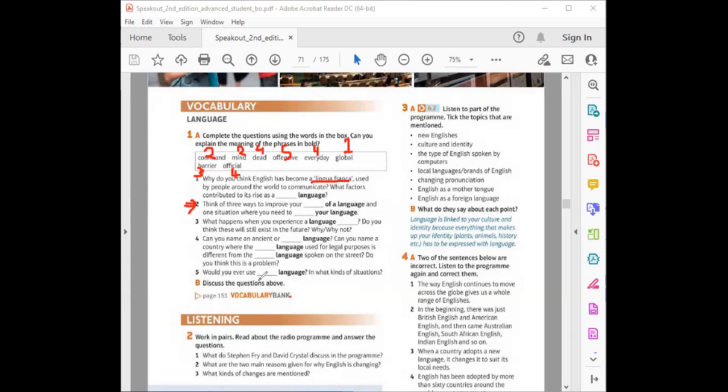The last question here. Would you ever use offensive language, and in what kind of situations? Yes. Maybe quarreling, or if there was a problem with someone, or when someone is nervous, or when someone insulted me or something.